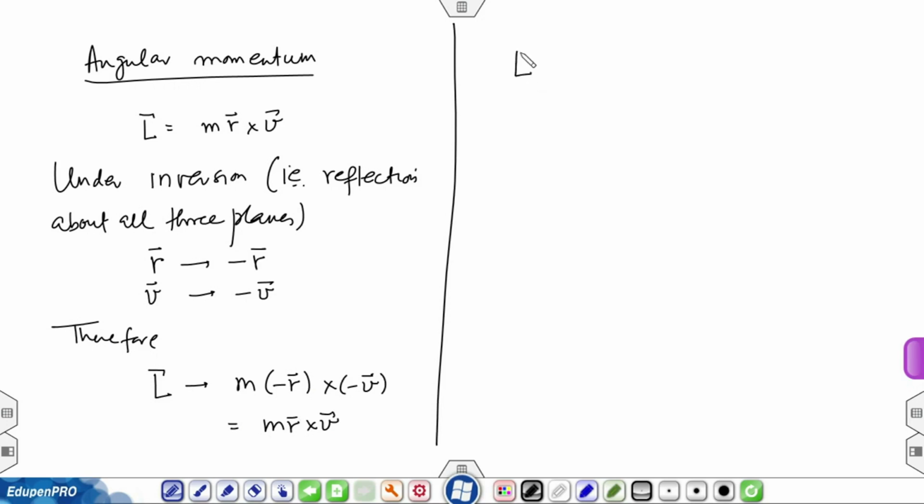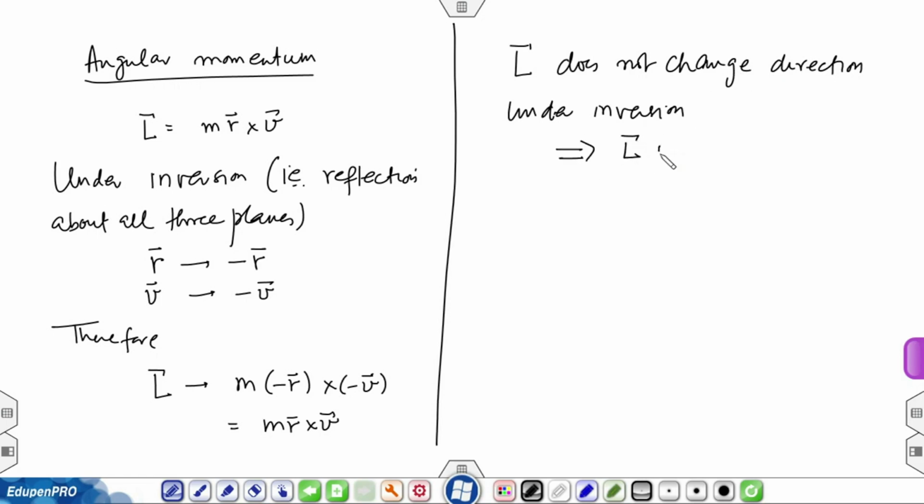So, L does not change direction under inversion, implies L is a pseudo vector.